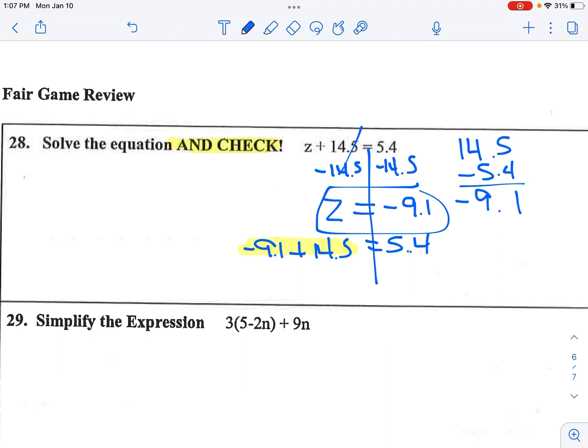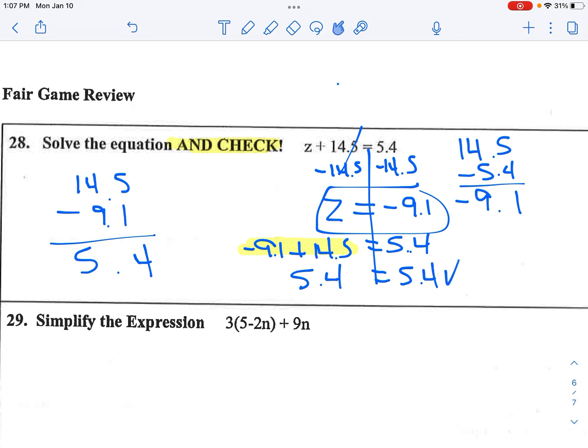So you all know that this problem right here has to be solved over here. I've got a negative 9 1/10. I've got a positive 14 5/10. Different signs, find the difference. So I'm going to subtract. And I had more positives. 5 4/10 equals 5 4/10. Check.